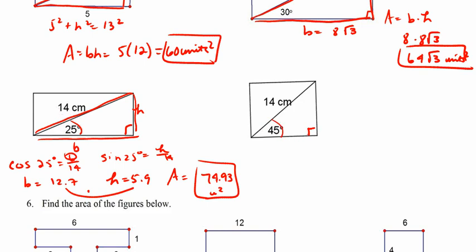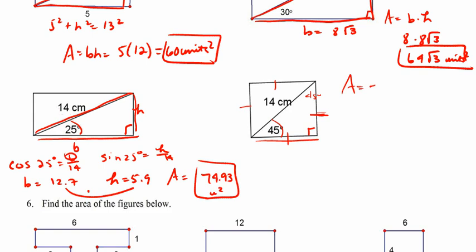I know that this angle of my right triangle is 90 degrees, and that leaves 45 left for here. So we know 45, 45, 90 triangles have congruent legs. It's an isosceles triangle. So actually all the sides of this rectangle are equivalent, which makes it a square.